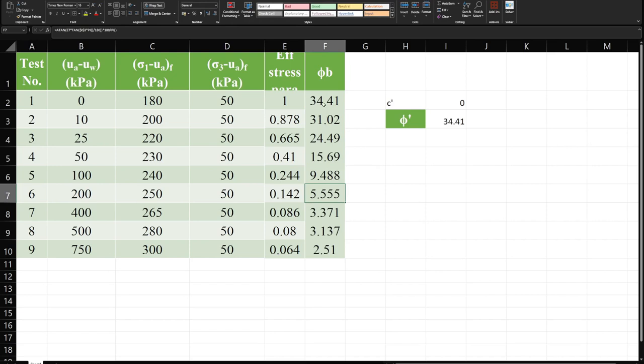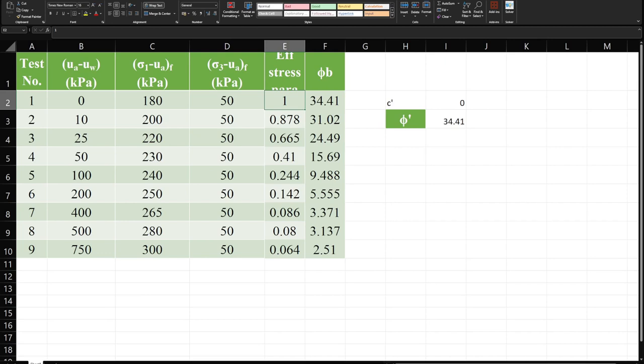As you see here, the value of phi b keeps on decreasing as the value of matric suction increases, and also as the value of the effective stress parameter decreases.